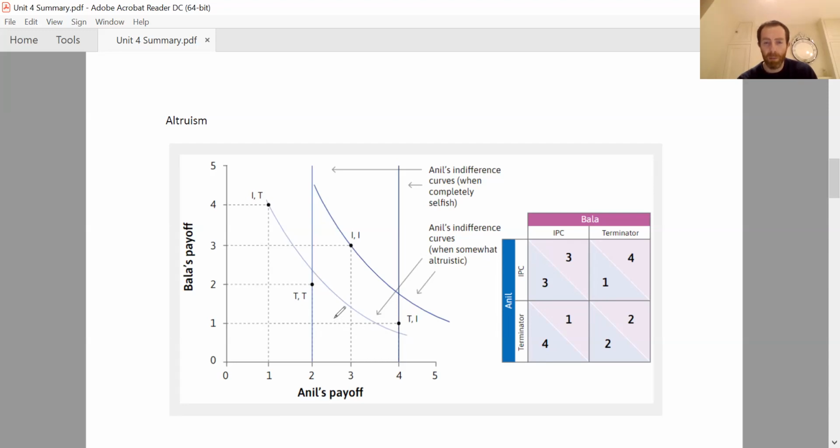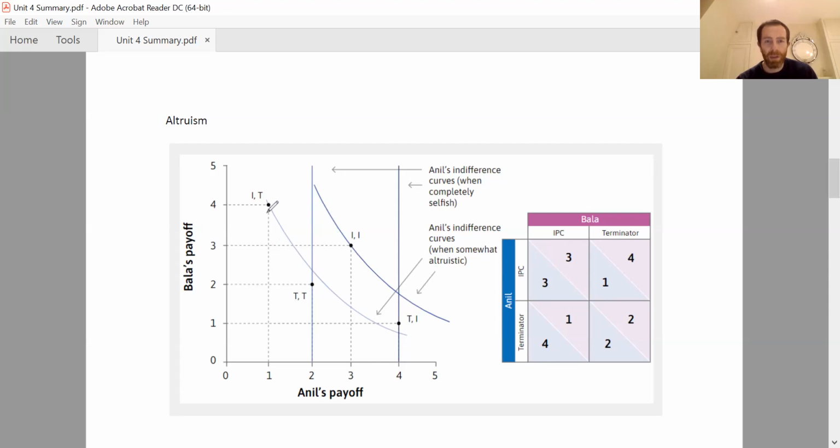So for example, if Anil and Bala both play strategy I here, like this, I think this is IPC, they both get 3, right? Whereas if they both play the strategy Terminator, TT, they both get 2.